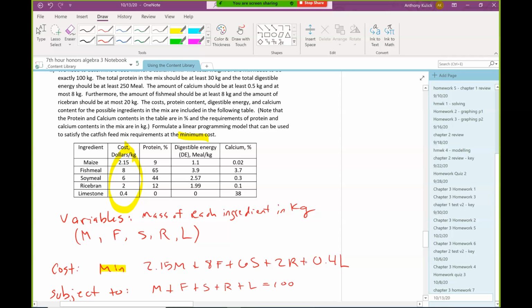So keep in mind, in our table, we have some things that are listed as a percentage and some things that are listed as kilograms, right? Why would having the total mass of our mix equal 100 be really useful to us? Right. Basically, if that's the case, then 1% of the mixture is 1 kilogram in mass.